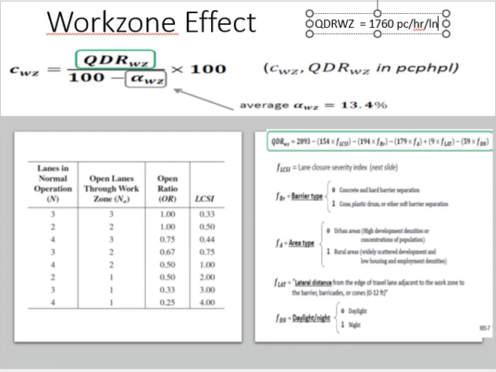See, you are subtracting from 100, right? So what should I subtract from 100? 13.4 or 0.134? 13.4. Because it is out of 100. Got it? Clear?